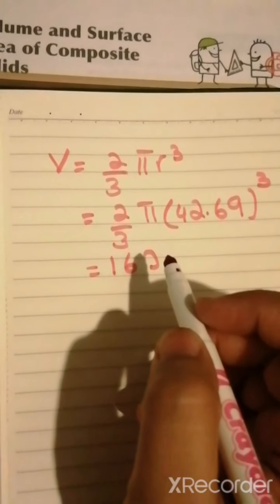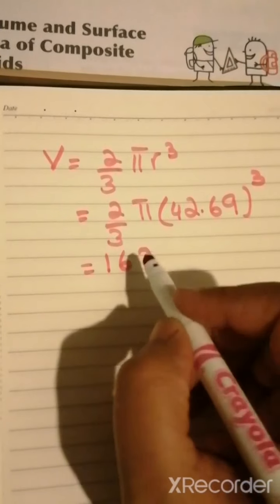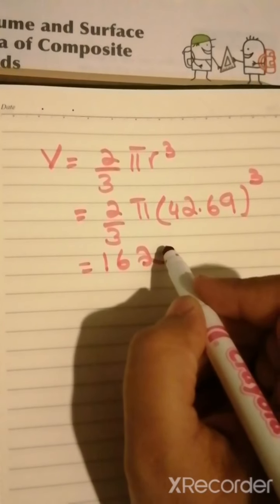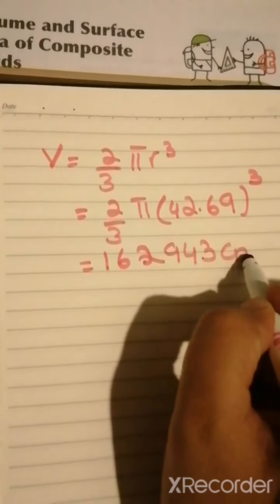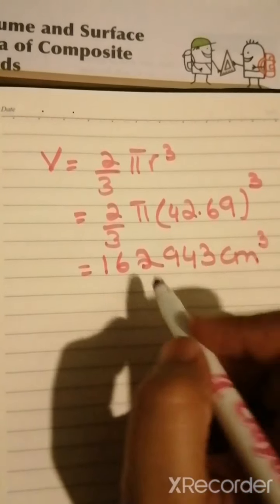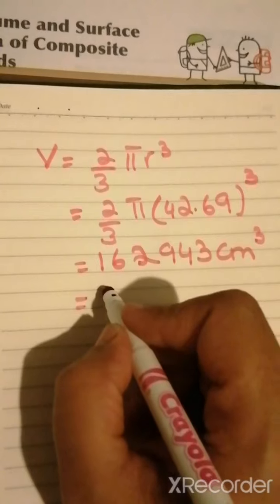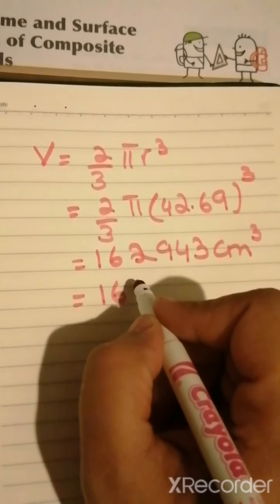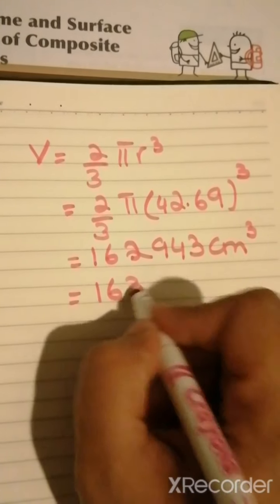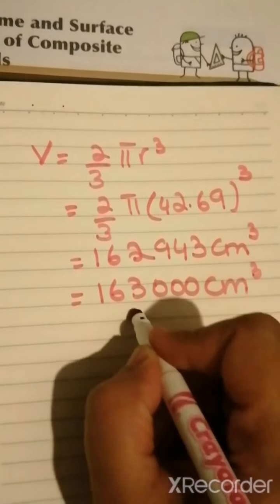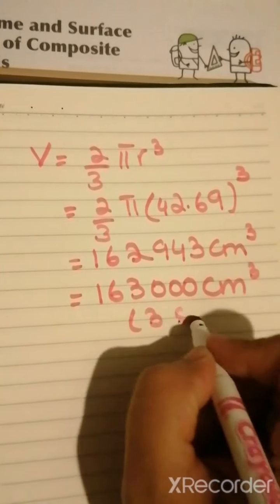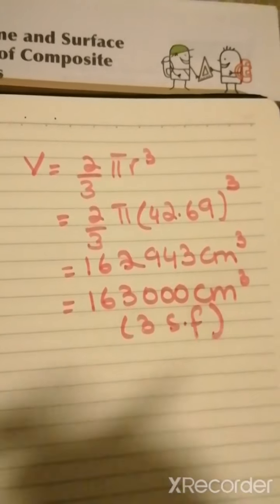Take a cube here. Using the calculator, you get the answer as 162,943 centimeter cube. You can round it off to 3 significant figures, which will give you 163,000 centimeter cube. This is your answer up to 3 significant figures.